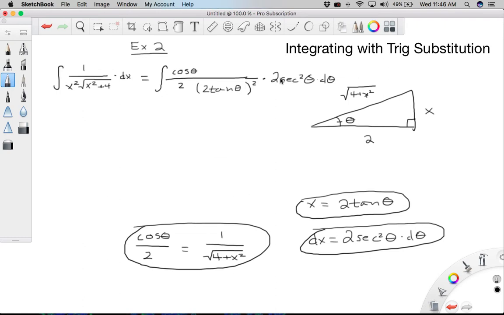Now, I think what we need to do is just take a moment to look at our trig functions here, the cosine, the tangent squared, and the secant squared, and just see if we can simplify them a little bit.